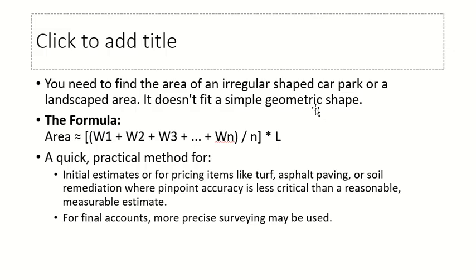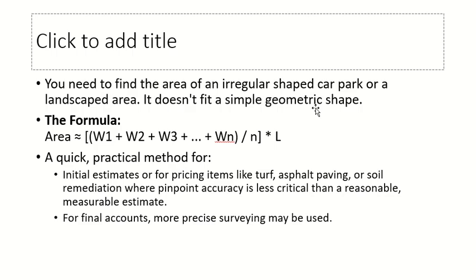What if you want to calculate the area of this car park for pavement, for marking, for filling, for excavation, for anything? Then you can use this simple equation, where this one is the average of the distances, and this is the length of the car park.